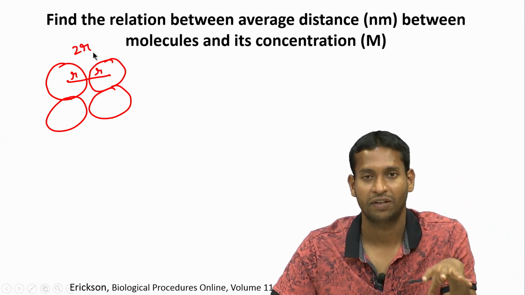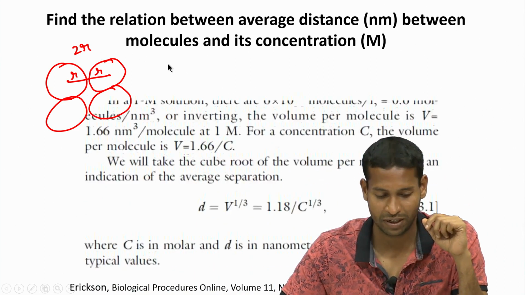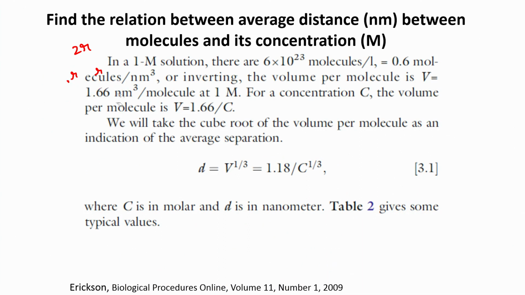Now, with this assumption, how can we go about this? We can assume that in a 1 molar solution there are 6 into 10 to the power 23 molecules.